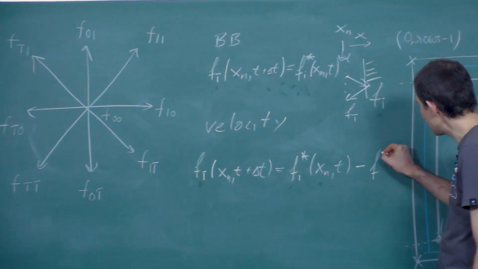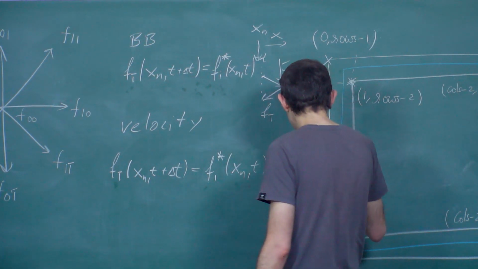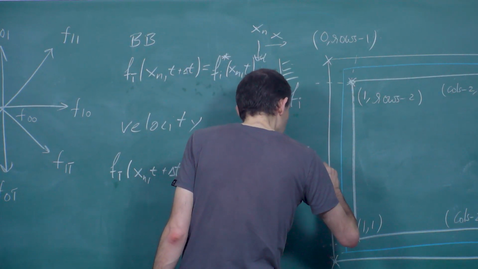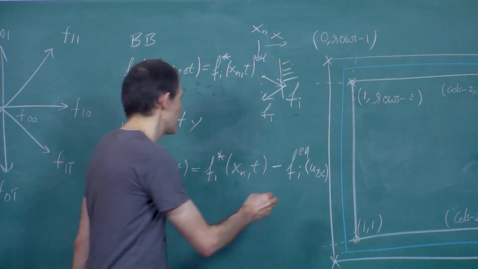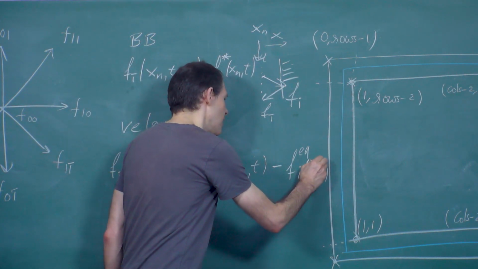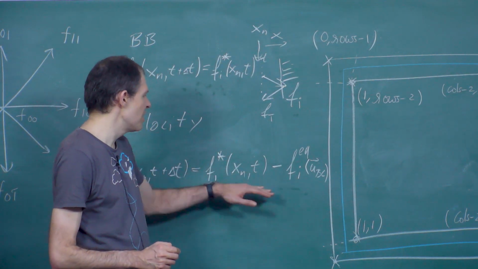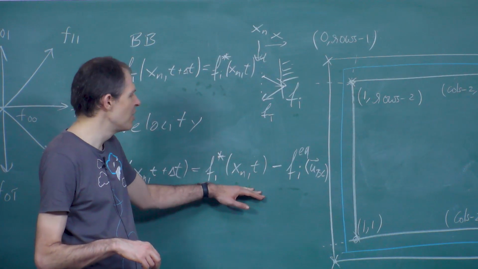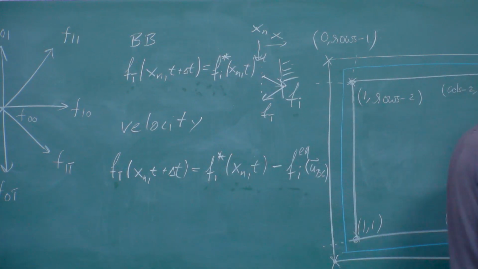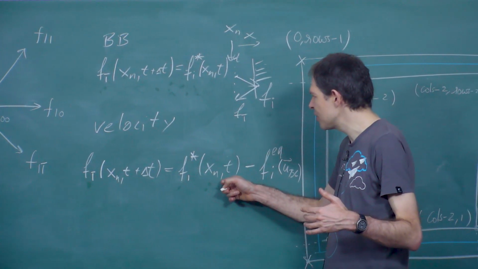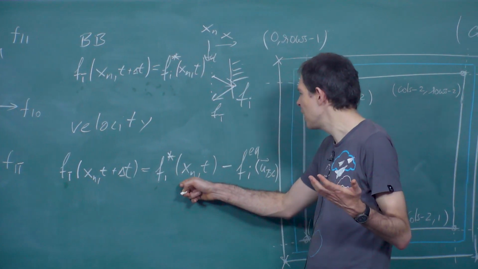So we are subtracting the equilibrium function in the direction i, given the velocity on the boundary, right? So this would in general be a vector. So we subtract this in order to remove the part that is still the velocity that is in this population here.